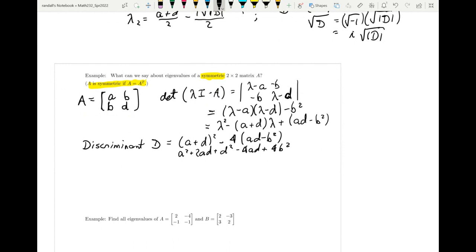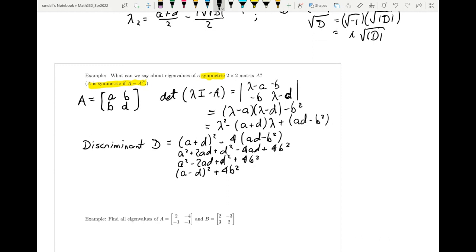So that is A squared minus 2AD plus D squared plus 4B squared, which is (A minus D) squared. So I'm going to collect some squared terms: (A minus D) squared gives me that first part, plus my 4B squared.